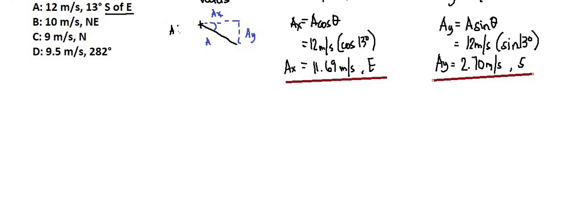Okay, next, let's have vector B. For vector B, we have here 10 meter per second northeast. Class, kapag merong northeast, northwest, southeast, southwest, angle is exactly 45 degrees. So, yun na yung exact na vector that will lie on the half of the quadrant, yung 45 degrees.